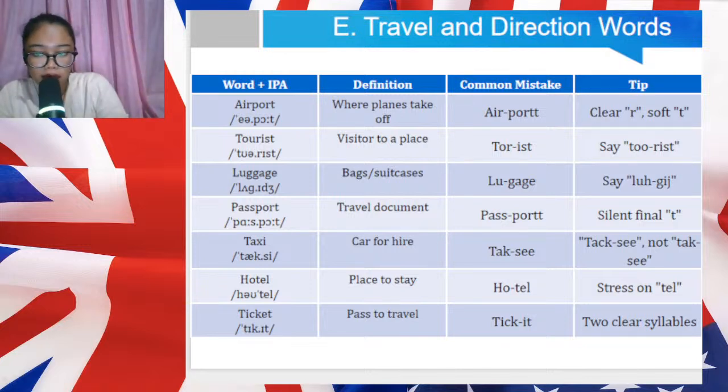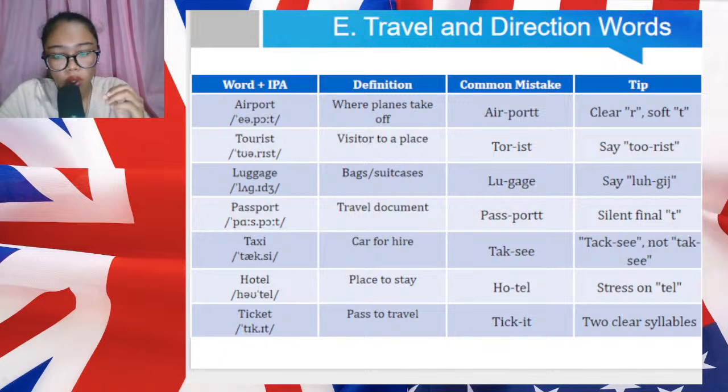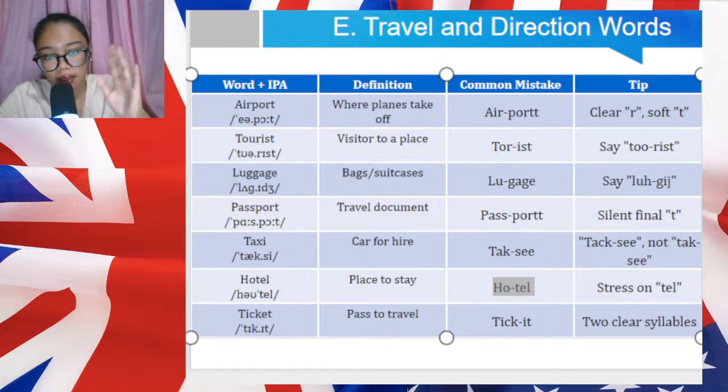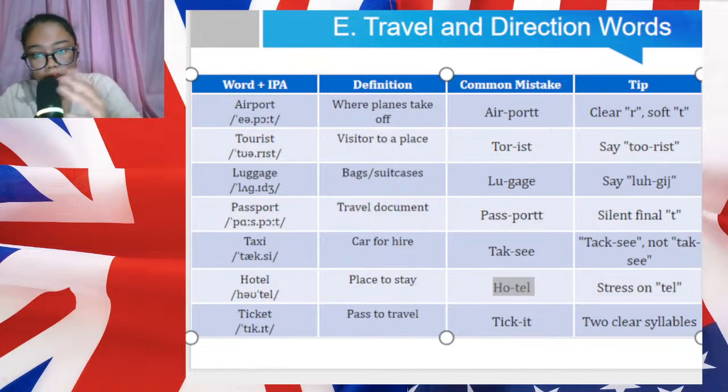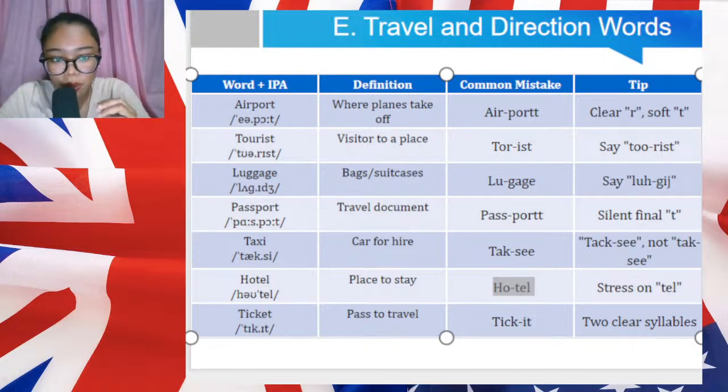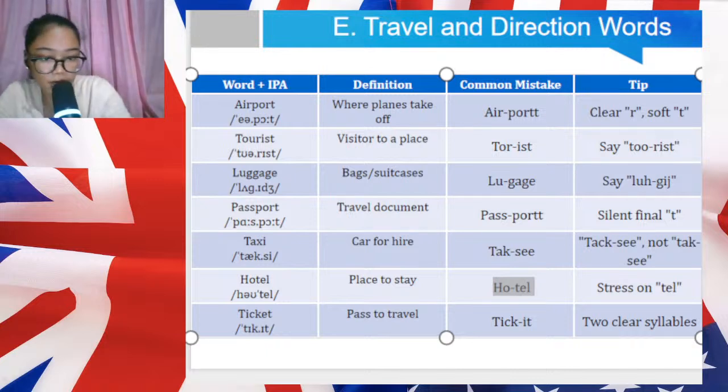And when we take that into consideration, there are many times that that particular rule on stressed syllables will not be applied. Just like for this word, hotel. Hotel is a noun, but the stress here is on the second syllable, which is unlike the rule that I've mentioned in our previous discussion. It is because we recognize it's adapted to English.